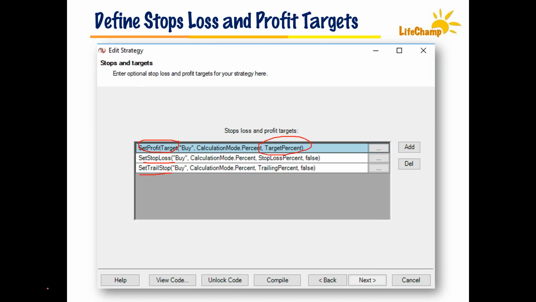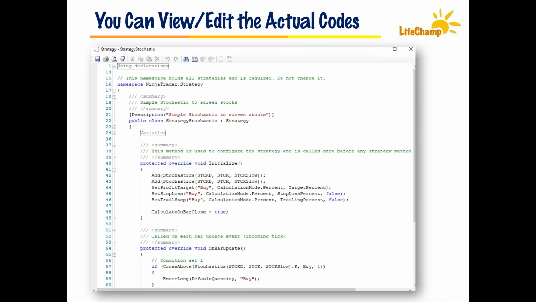Okay, once I'm done with this, I click next, and before that, I also want to show that you created this using a mouse and click, but actually the program will compile and convert all the point and clicks into programming language. So this is the actual programming language. You can copy and paste, or you can even edit this to make it more and more robust.